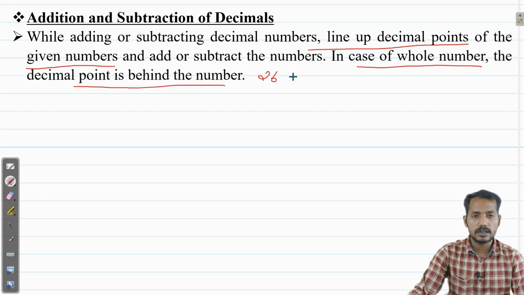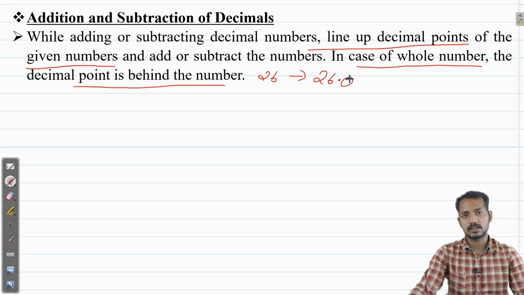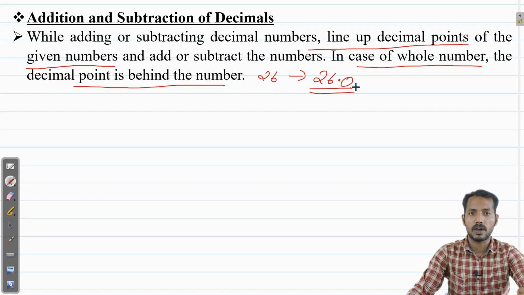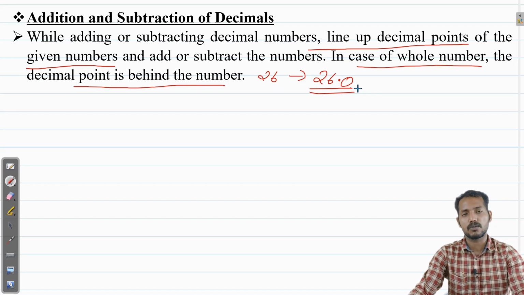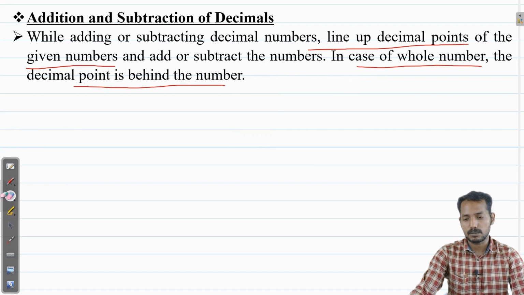The decimal point is actually after 26. We can put a 0 here because there are no digits at the tenths place or hundredths place, so we can represent 26 as 26.0 in decimal form. That means the decimal point is after the number in the case of whole numbers. This is what we have to remember when we go for addition and subtraction of decimal numbers.